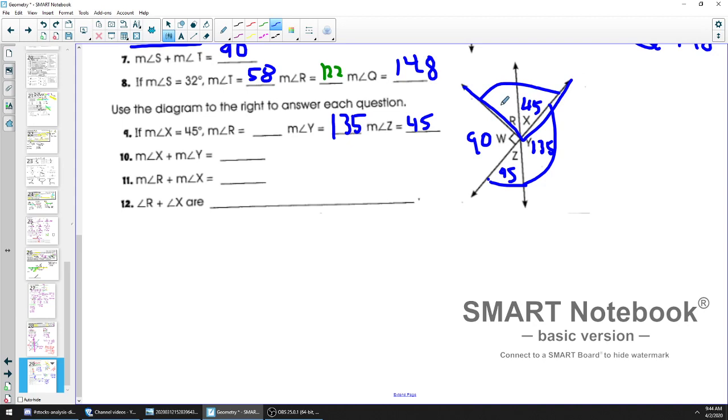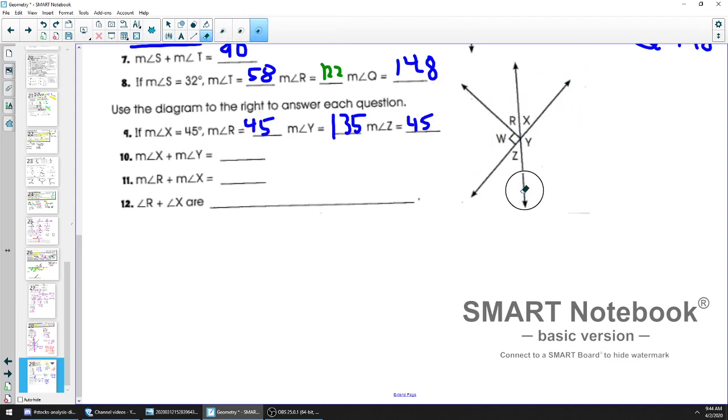So 45 plus y equals 90. 45. Now, this says measurement of x plus y. X plus y. Look at that. I go from here to here. I've made a straight line. So that's 180.